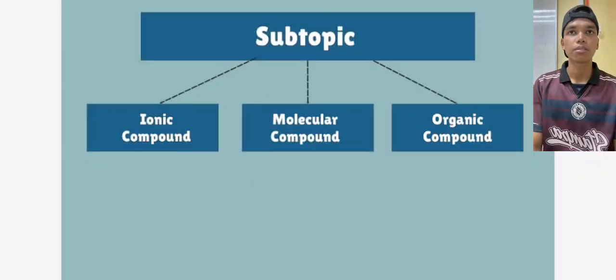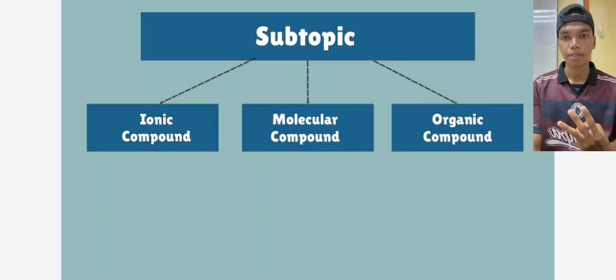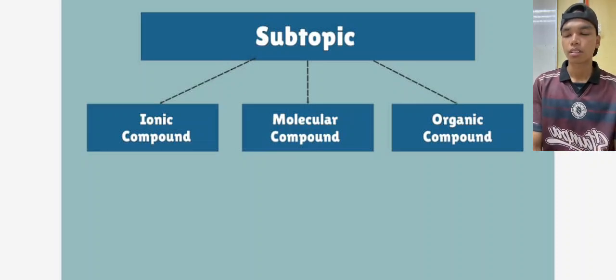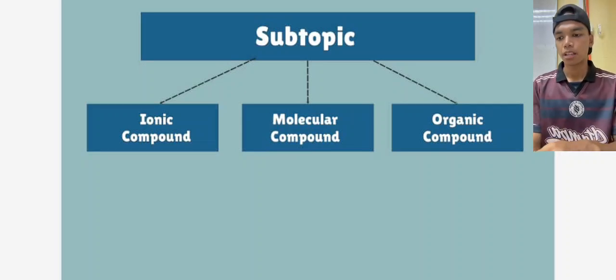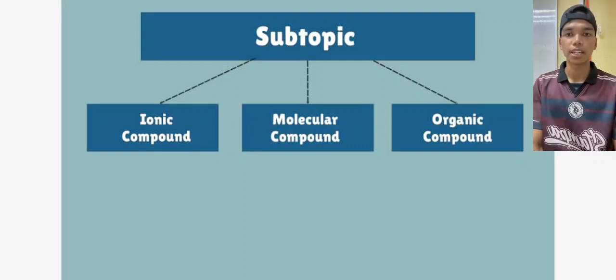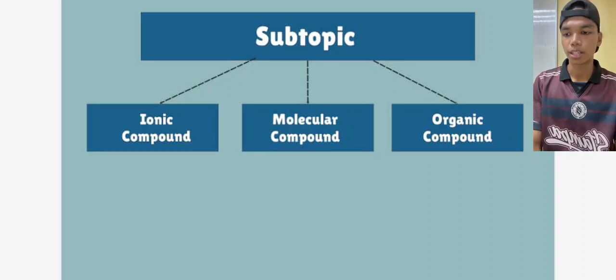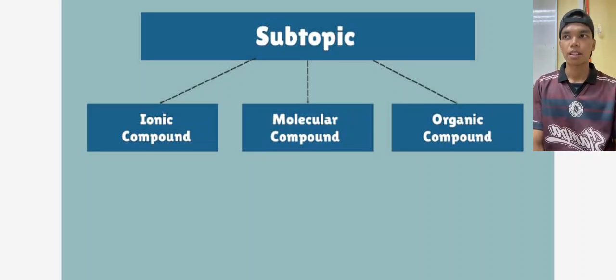In this topic, there are three main subtopics, which are ionic compounds, covalent compounds or molecular compounds, and also organic compounds. And I would like to give examples and share helpful tips to make this easy to understand.